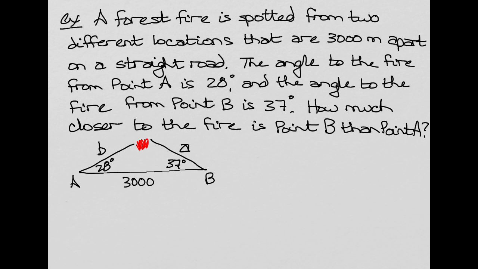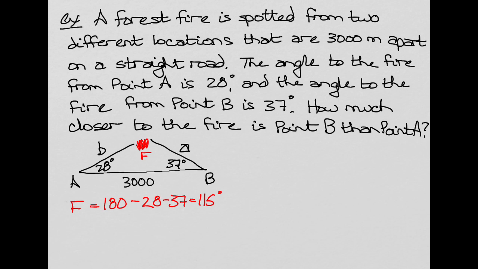I'm going to name my top angle up here F for fire, and we need a measure of that angle since the 3,000 meter road is opposite that angle. So angle F is 180 degrees total in my triangle, minus the two that I know. And I have a 115 degree angle where the fire is.